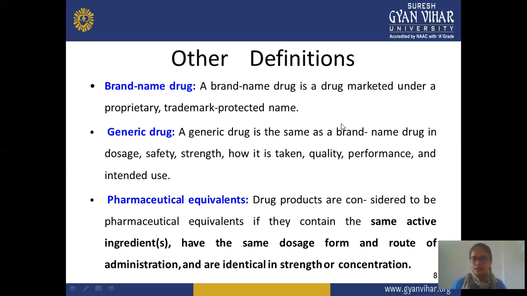Both drugs are applied by the same route, and the strength or concentration is also the same. Means the capacity or the volume is also same. Those two drugs are known as pharmaceutical equivalent drugs, and their manufacturer may be different. Brand name is under the trade name property or protected name, and generic is just a copy of the branded drug.